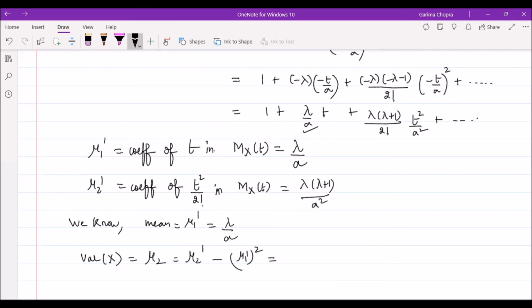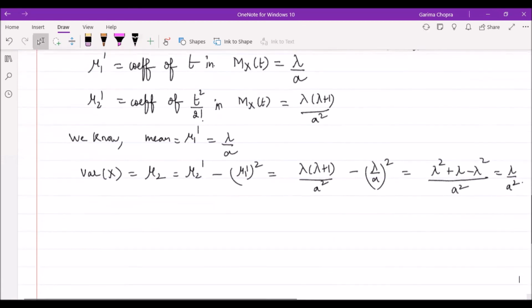So if we put here mu2 dash, which is lambda into lambda plus 1 upon a square, and we put here mu1 dash, which is lambda by a, we have the square of lambda by a. And if we simplify it, we get lambda square plus lambda minus lambda square upon a square. It will simplify to lambda upon a square.